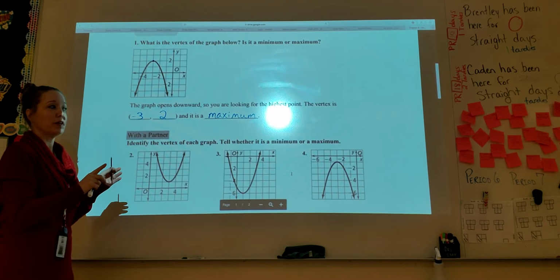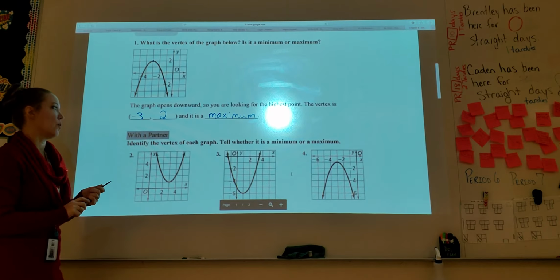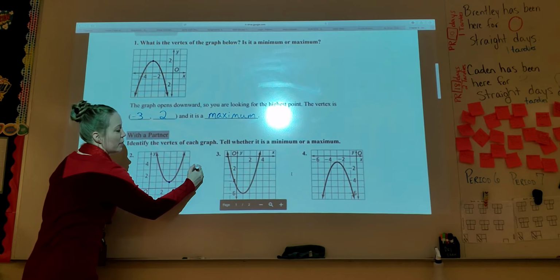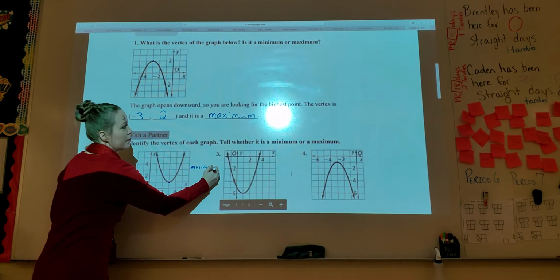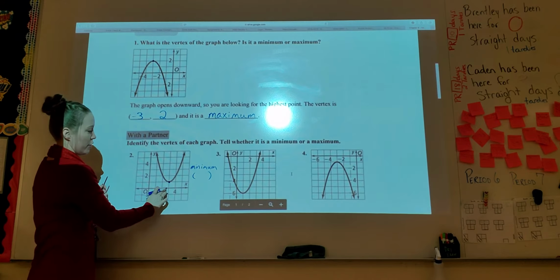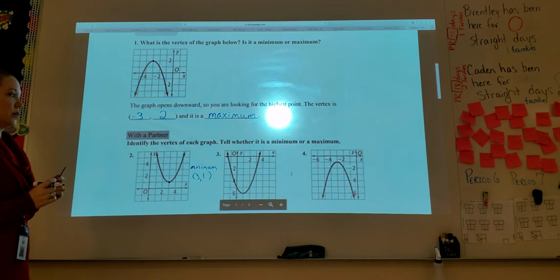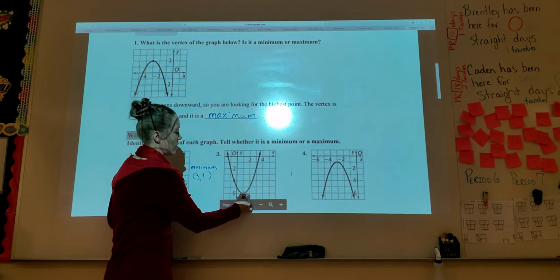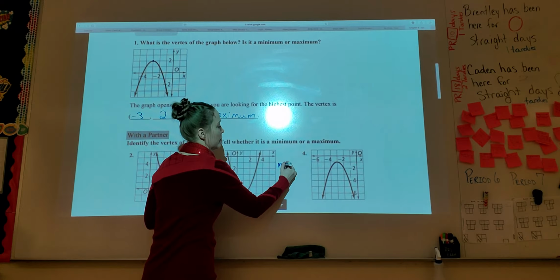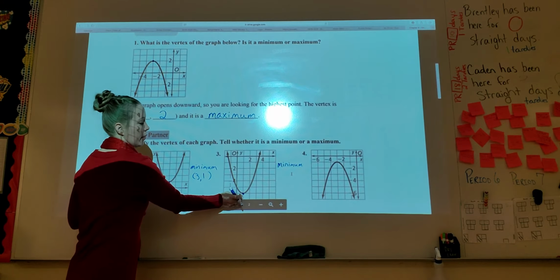Okay, so hopefully you're now back and you've tried this on your own. And so I'm just going to talk through these. So here is your, and it is a minimum. Number 3, it was a minimum. And I know they're minimums because they're at the very bottom. They're the lowest point.